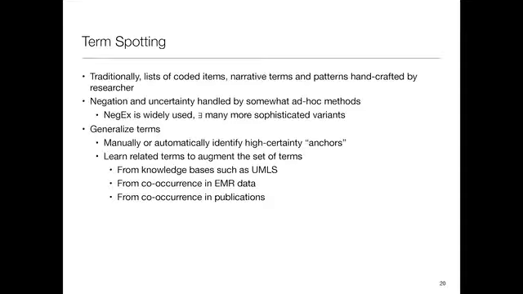And they would give you a long list. And then you do grep. You'd search through the notes for those terms. Okay? And if you want it to be really sophisticated, you would use an algorithm like NegEx, which is a negation expression detector that helps get rid of things that are not true.